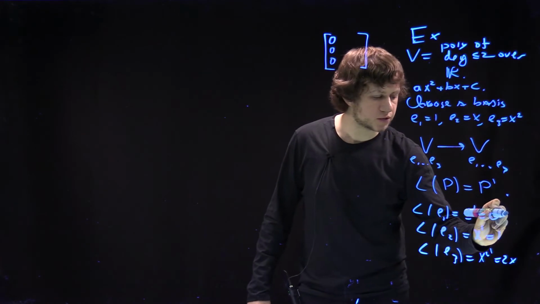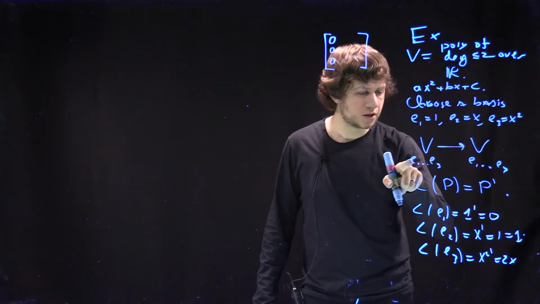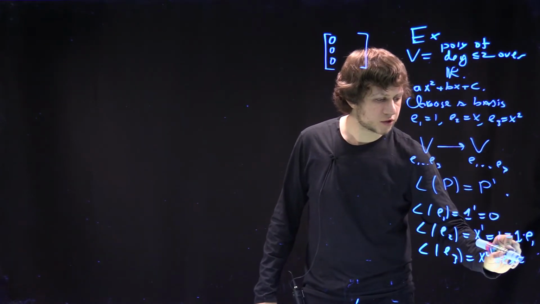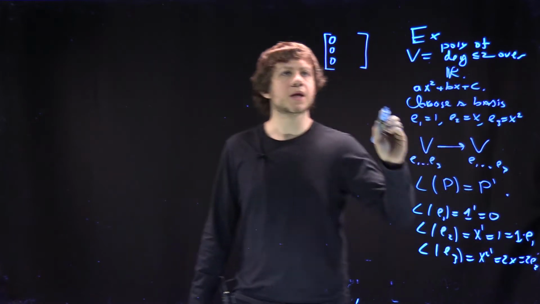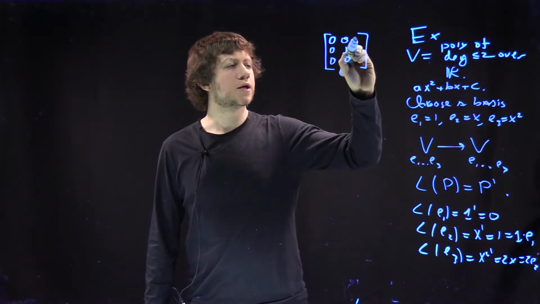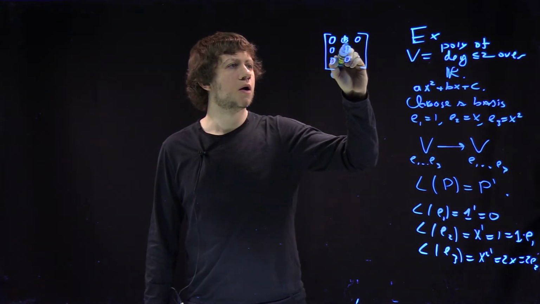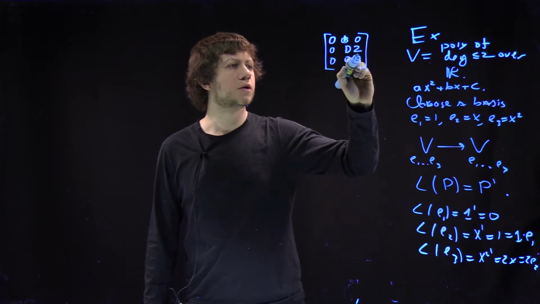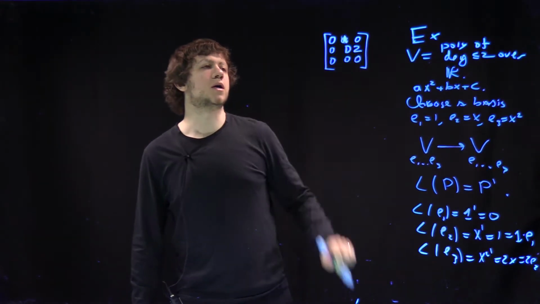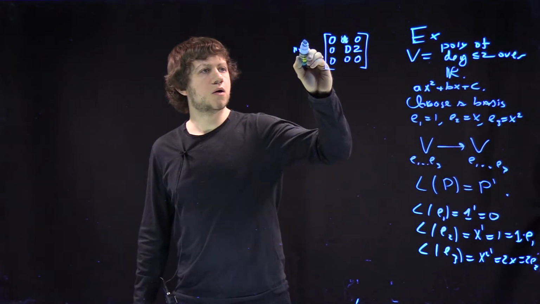L of E2 is 1 times the vector E1, and L of E3 is 2 times the vector E2. And so this means that here we'll have 0, 1, 0, and here we'll have 0, 0, 2. So that's the matrix of our linear map, matrix of L.